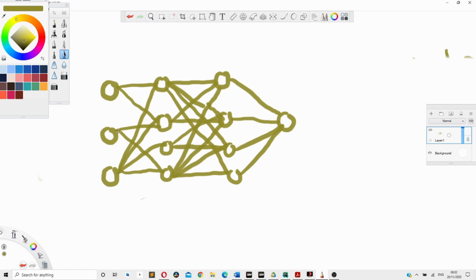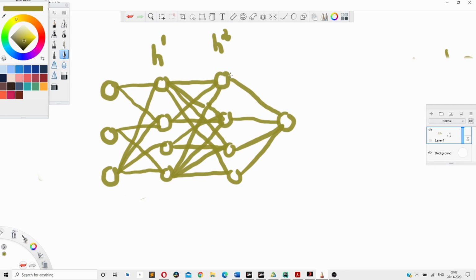So in this neural network architecture we have two hidden layers, right? We have the first hidden layer, and then the second hidden layer. This is the first hidden layer, and this is the second hidden layer, which we represent with the subscript 2 here.